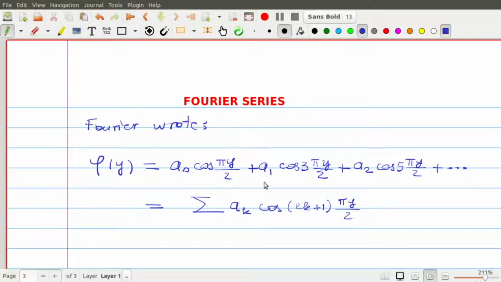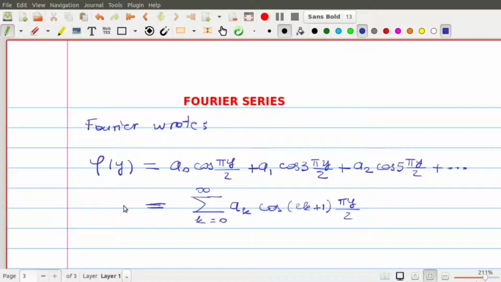This is a function of y. Now k runs from 0. If I substitute 0 there, you can see that this will be cosine pi y by 2. Then when k is equal to 1, you have 3 pi y by 2. So that is how he expressed the solution. That was the fundamental idea, and other people came later on and improved the method.